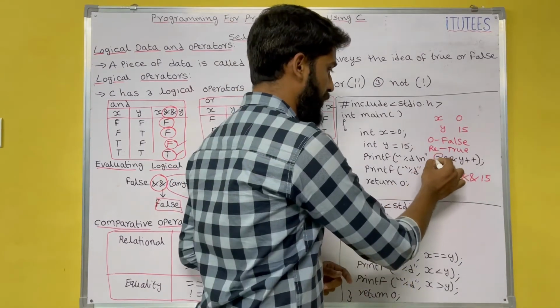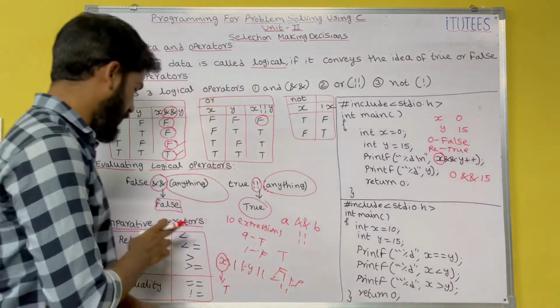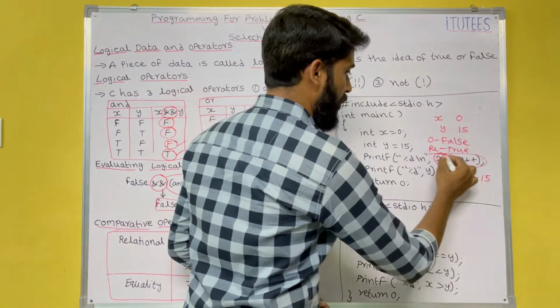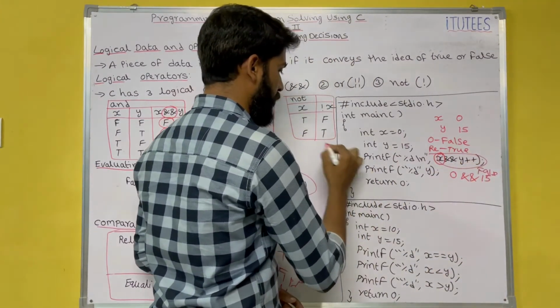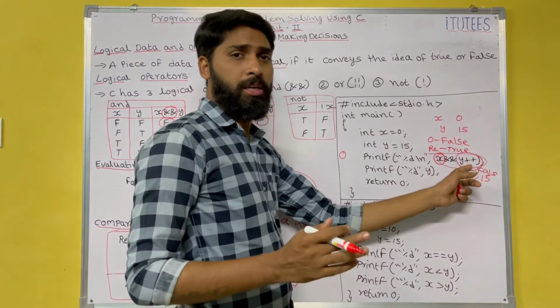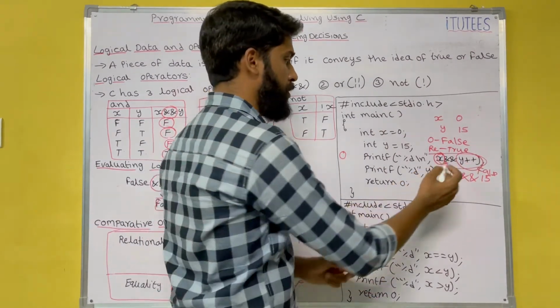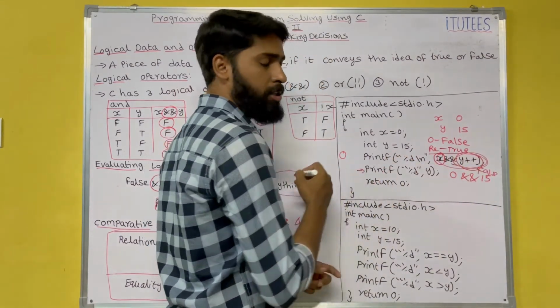Whenever the first expression x is false, then the entire expression will be false and it prints 0 as the output. The y plus plus is not evaluated. Why? The first one is false, so it ignores the remaining things, returns false and executes the next instruction.